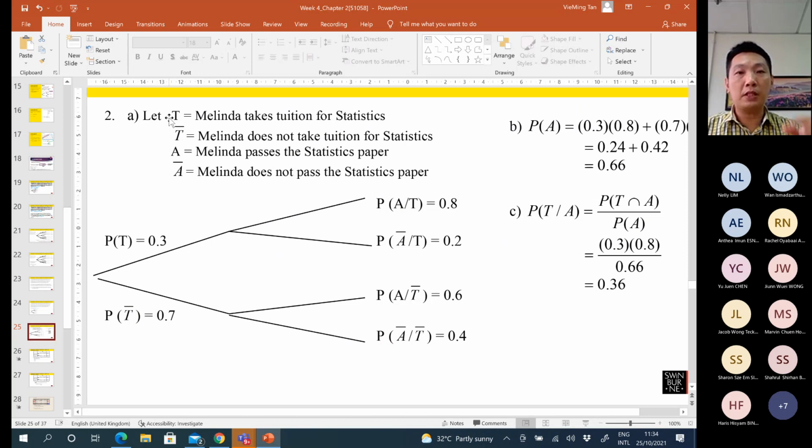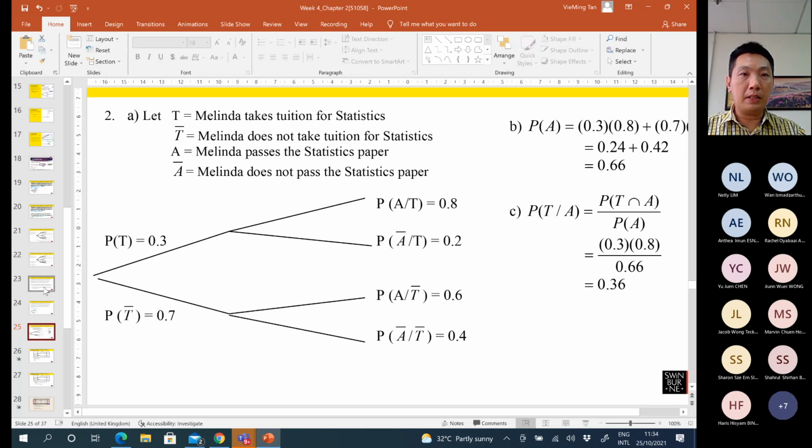Don't choose P anymore because P is already used to represent the probability. You can choose A, B, C, D, F, all are okay. Then you try to draw the diagram and put the equation plus the figures. So far so good.